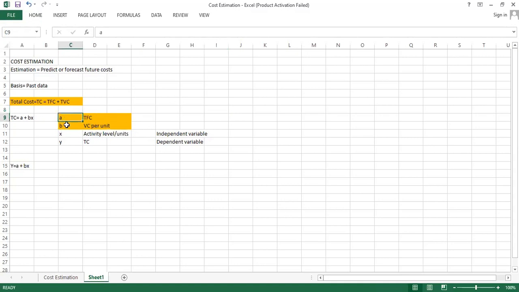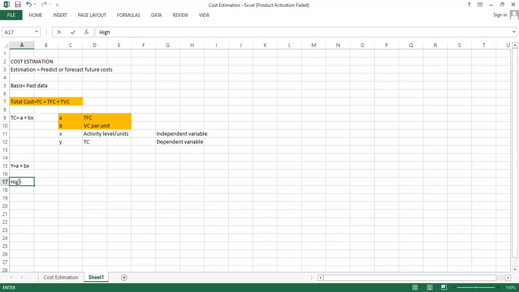Once you have A and B, then you can come up with the equation Y is equal to A plus BX. The high-low approach and the regression analysis approach are concerned with how you get A and B, so that at the end of the day we have the equation Y is equal to A plus BX. We have come to the point we want to look at.